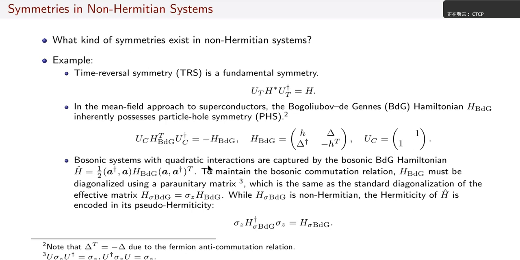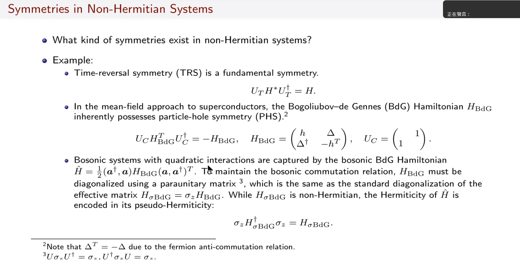The other symmetry is particle-hole symmetry. In the mean-field approach to the superconductor, you use the Bogoliubov-de Gennes Hamiltonian H_BdG, and this Hamiltonian intrinsically has particle-hole symmetry like this. The BdG Hamiltonian has a diagonal part with the normal part, and an off-diagonal part with the gap function.